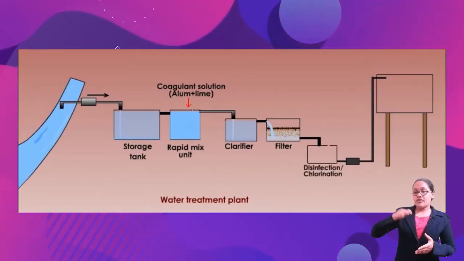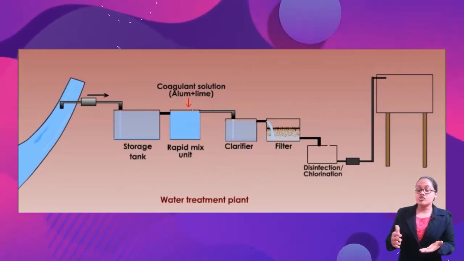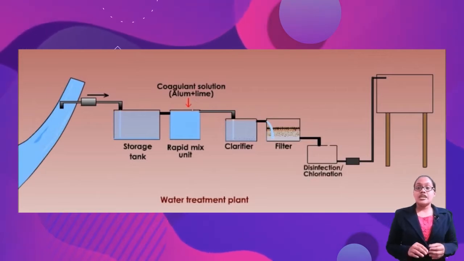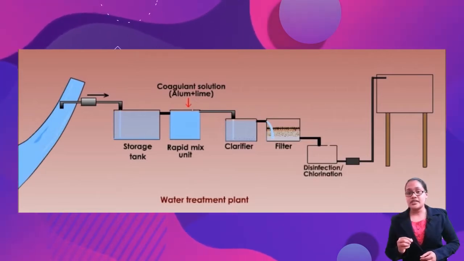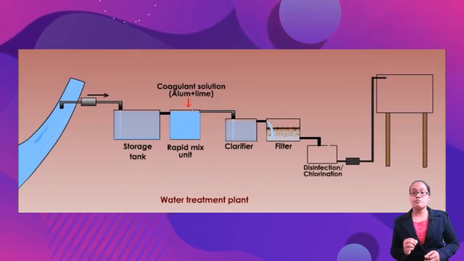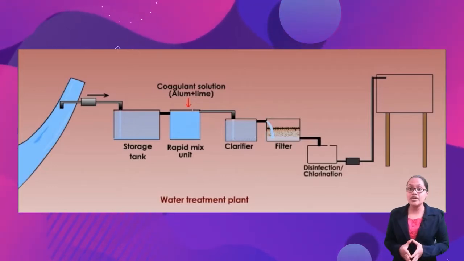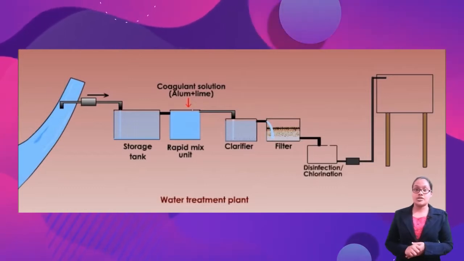When the water is made to flow through all these 3 levels, even the tiny particles or small-sized impurities present in the water can be removed by this 3-layer filtration.